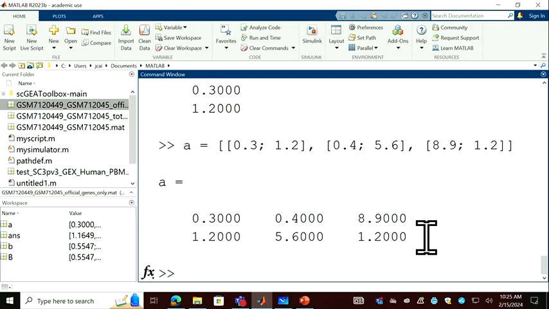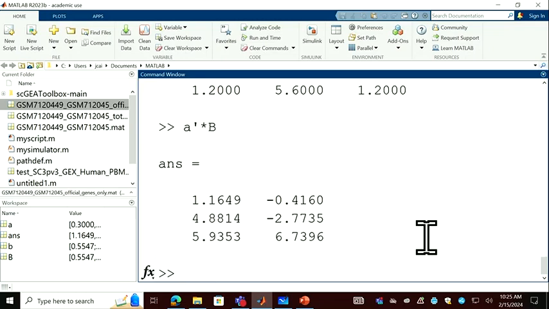I can do the same thing. I can transpose A and multiply by B. This operation still looks very simple, the dot product. However, this operation will rotate all 3 data points at the same time.